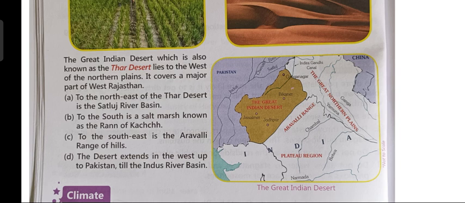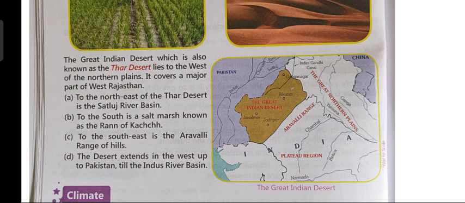Now children, the Thar Desert covers a large part of West Rajasthan. To the northeast of the Thar Desert is the Satluj River basin, where the river Satluj flows. To the south lies a salt marsh known as the Run of Kutch.